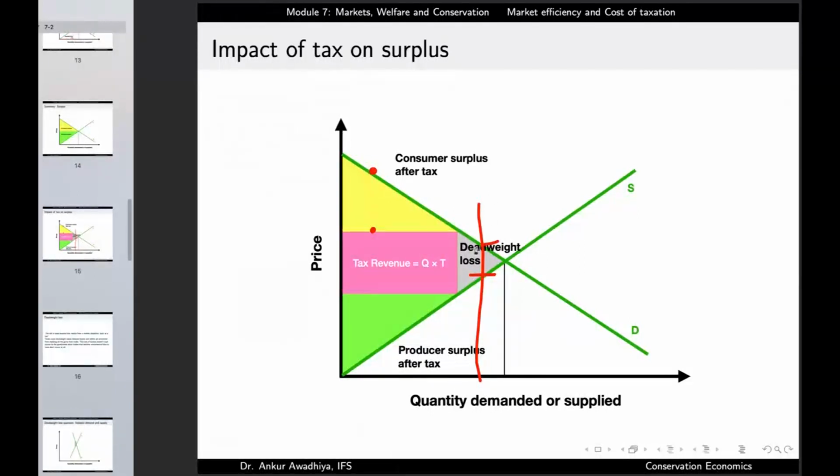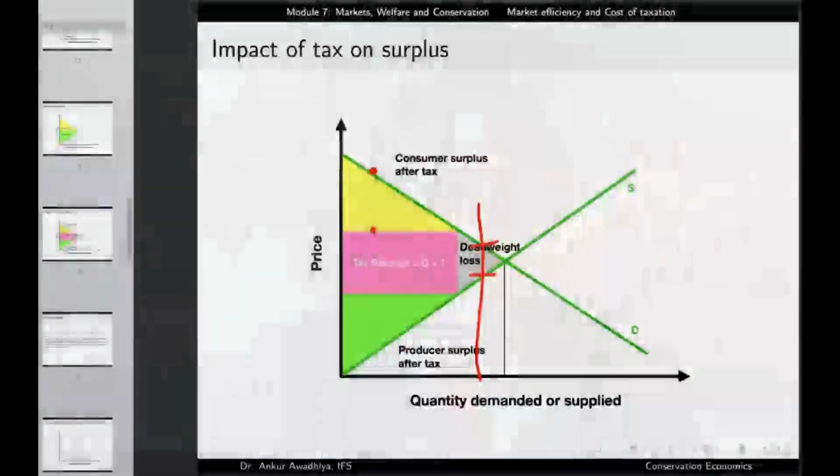And where this red line touches the demand curve is the value that people were putting on this particular good. So we have a situation where the value to the buyer is greater than the cost to the seller.